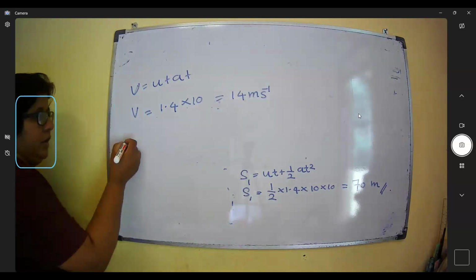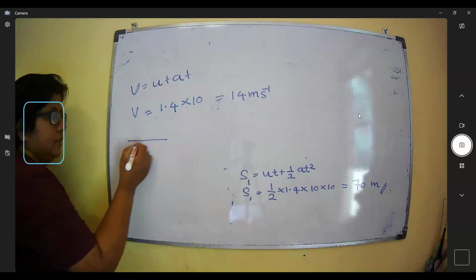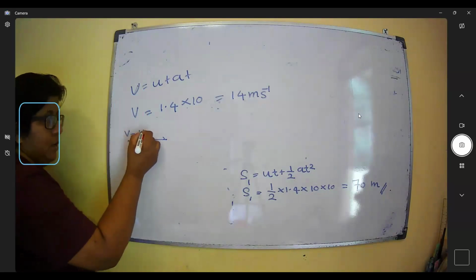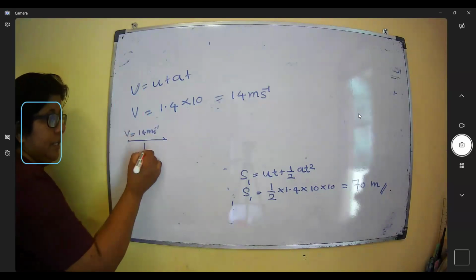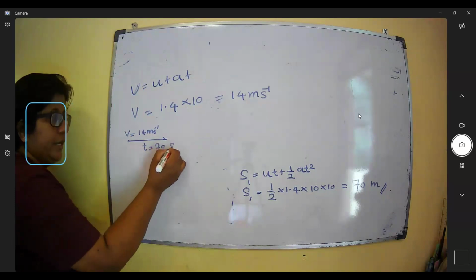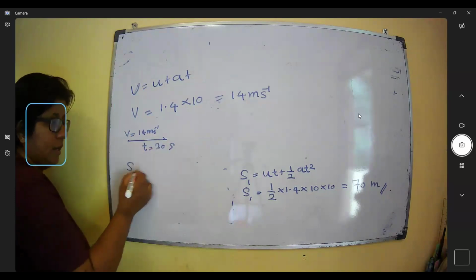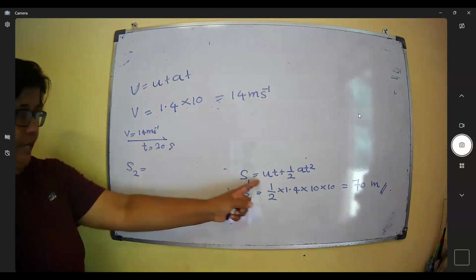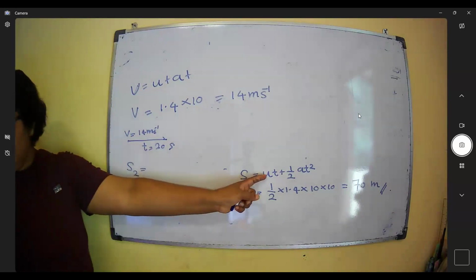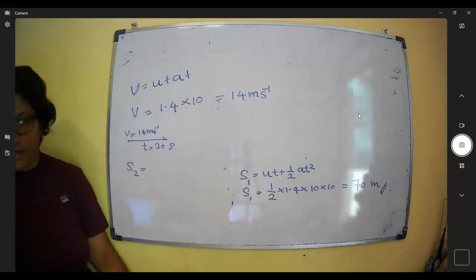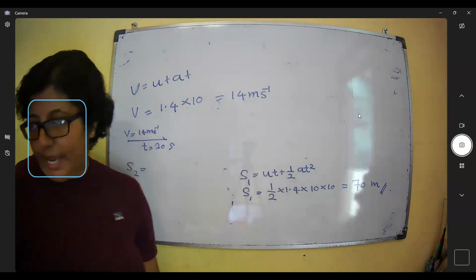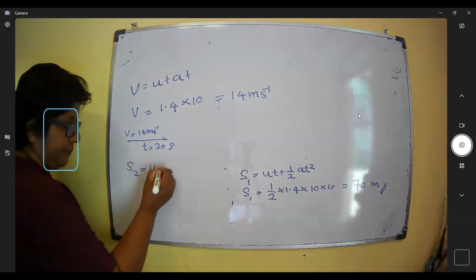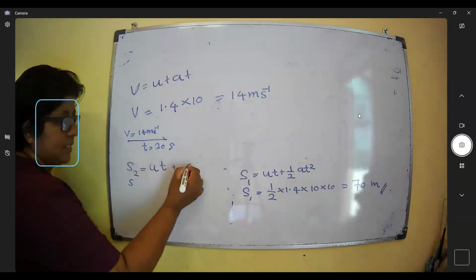Now this happens with constant velocity, 14 m/s for another 20 seconds. S1 is 70 meters, then S2 is given by the same equation, UT plus half AT squared, but there is no acceleration. So S2 equals UT, and the other part is 0.